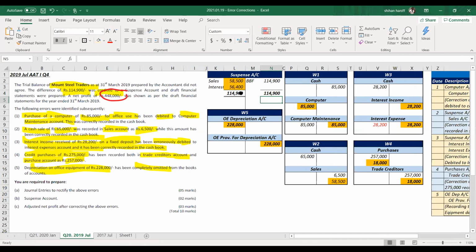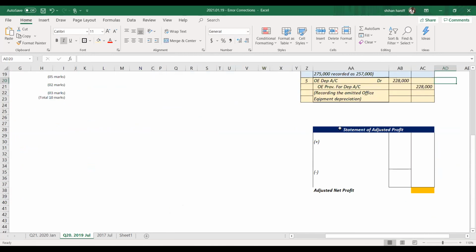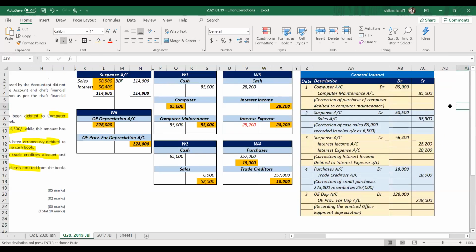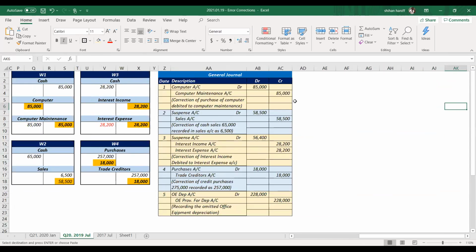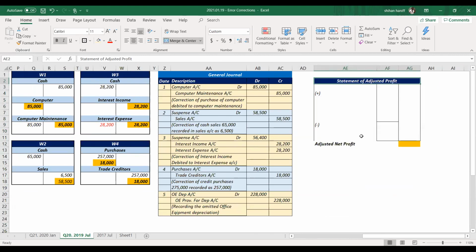And the third part is adjusted profit after correcting the above errors. Now we need to do a statement of adjusted profit. So I draw here. Statement of adjusted profit.